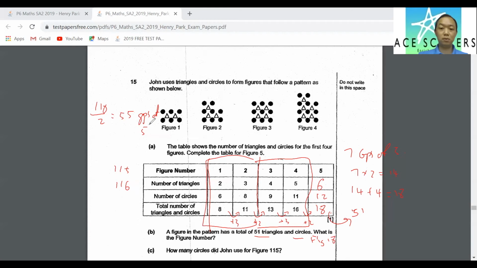From 5. So I got 18. So 18 plus 275, 293. Okay, so total number here is 293. So how many circles are there? 293 minus 116. 177.